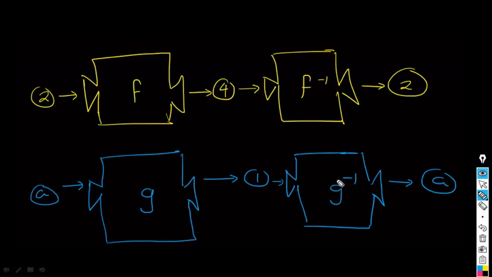It's going to go back to the original input. The function g is transforming A into 1, and the function g inverse is transforming 1 back again to A. So that's the main concept. Inverse functions undo what the original function does.